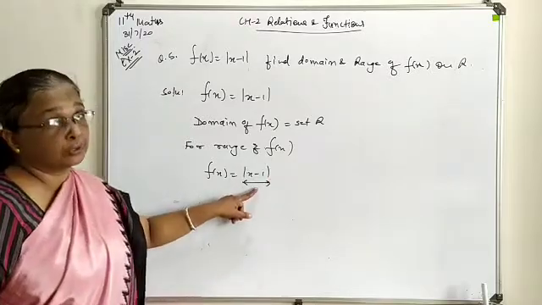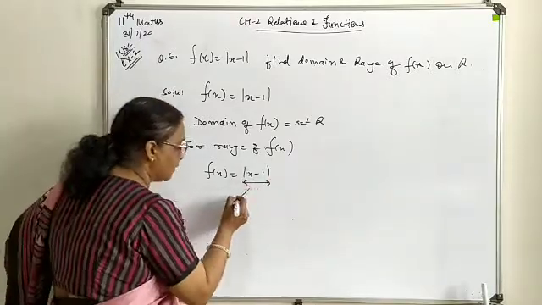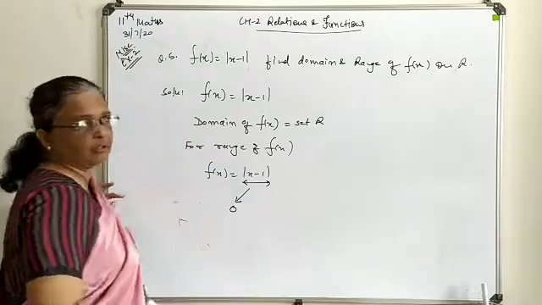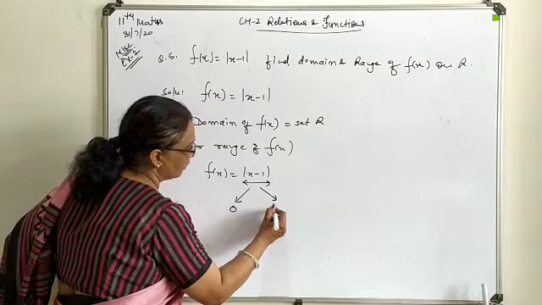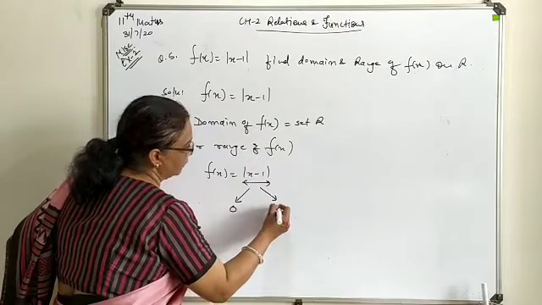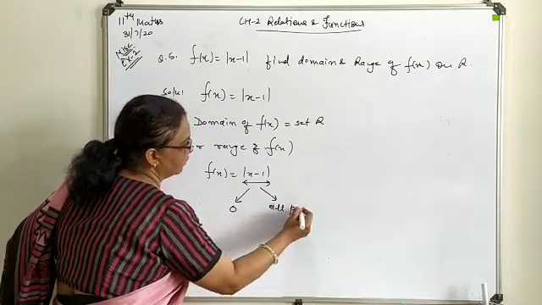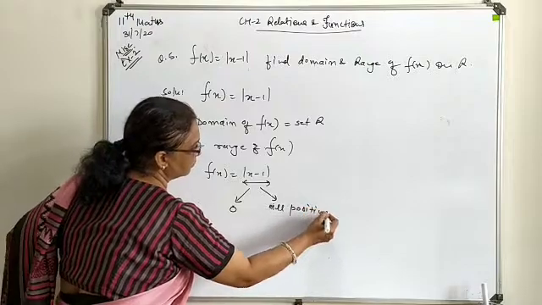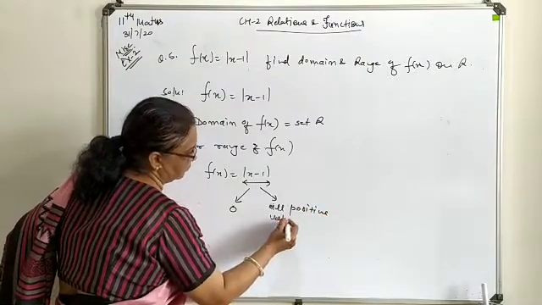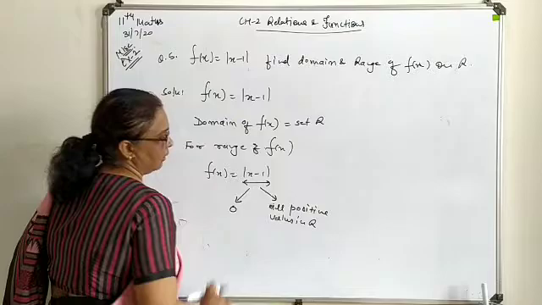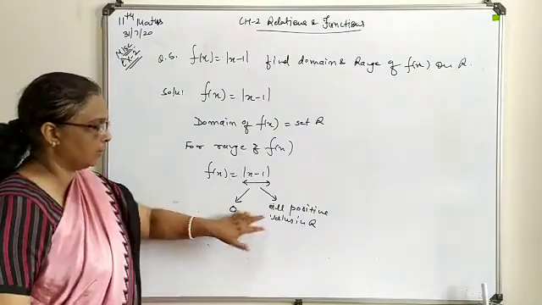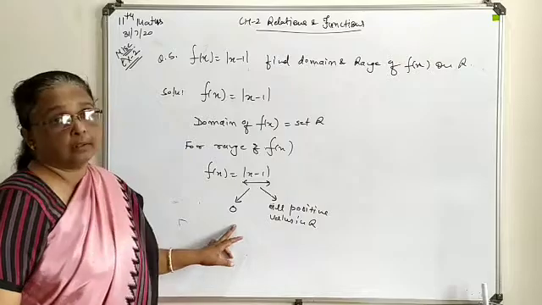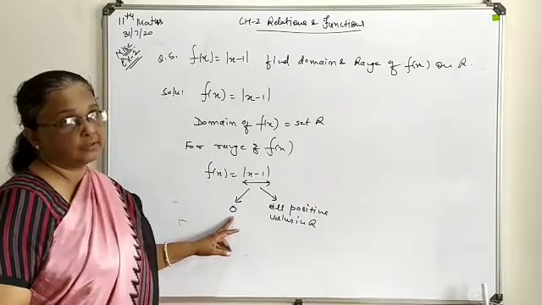So it will include two types of solution. First, either you will have a solution as a 0 value, or all positive values in R. So as a range you can write R plus combined with the 0.